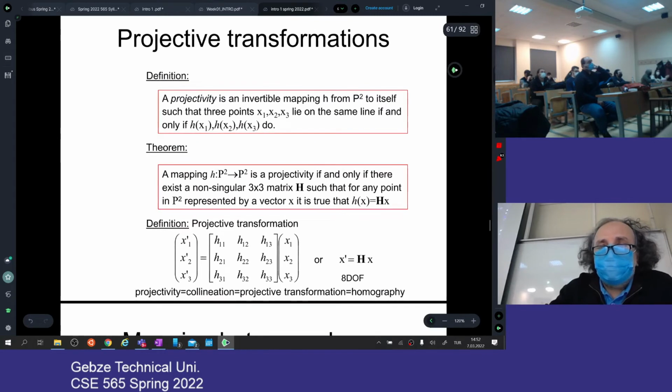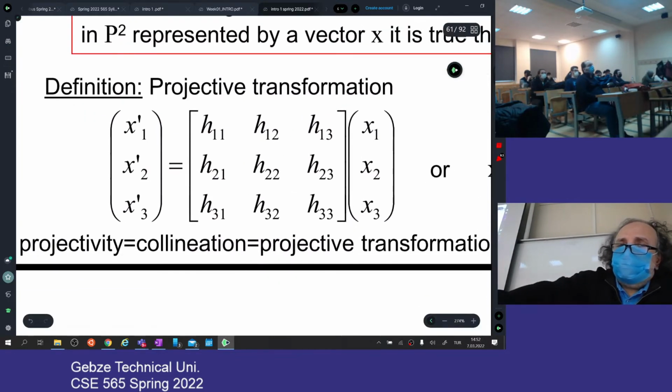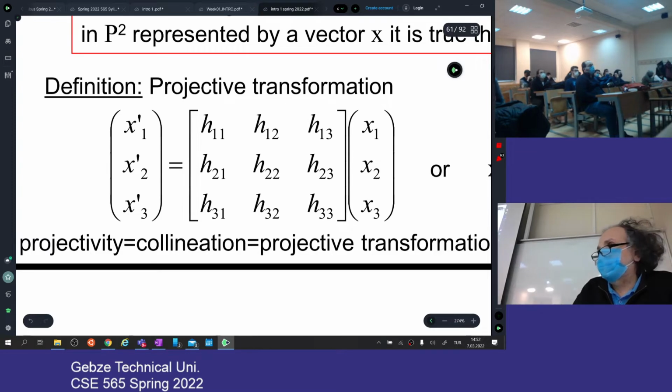Okay, so far so good. That was all the definition and nice things. Let's use them in a useful place in our camera geometry. Let's talk about these projective transformations. This is what we are going to do. This is a homogeneous point. This is another homogeneous point.